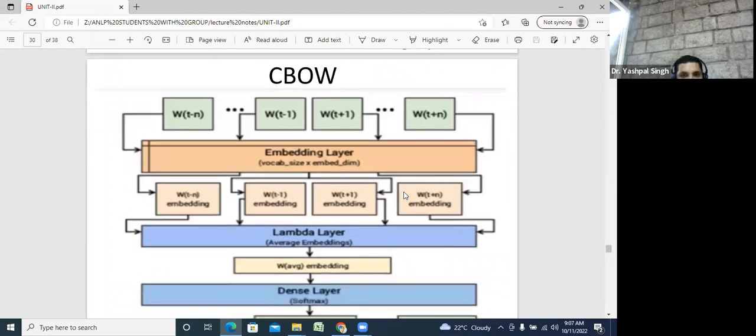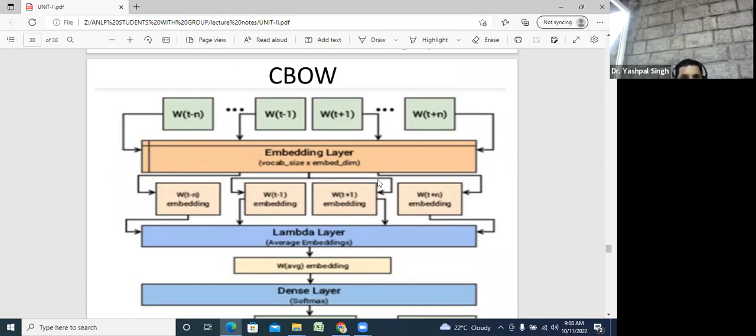After that, the vocab size times embedding dimension that we have created goes to the next phase. They have individual embeddings, for t minus 1 to t minus n, and t plus 1 to t plus n.